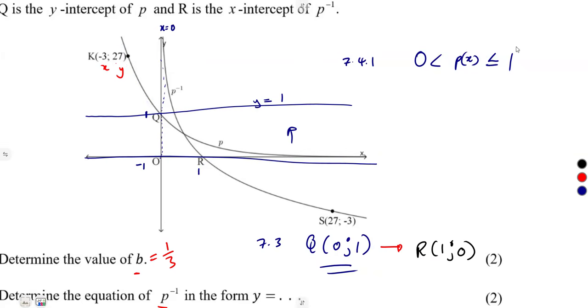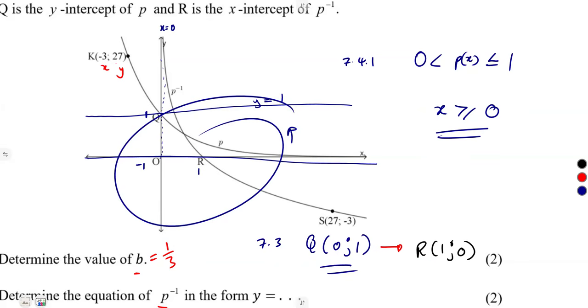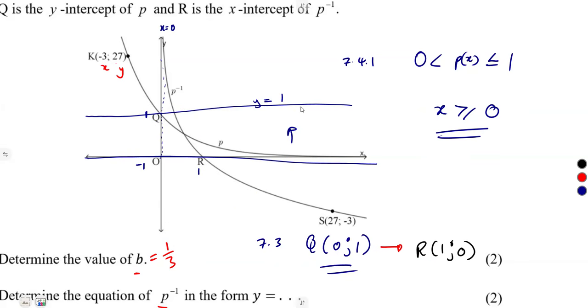But we need where values of y are less than 1. This happens from 0, from the values of x which is 0, going up to infinity. So that's for values of x that are greater than or equal to 0. Remember, the question is asking you about the values of x. So you can test it from the graph where y is equal to 1. We see that x corresponds to 0. So from 0 going this side, the y values decrease. P(x) is greater than 0, above the x-axis.